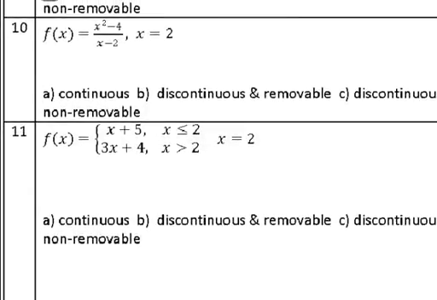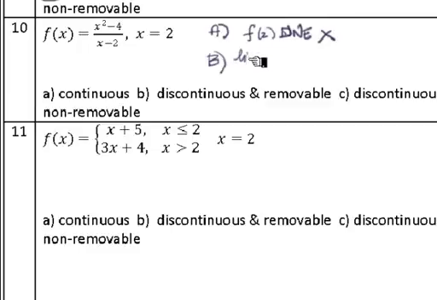Okay, let's look at number 10. All right. First of all, A is not true. F of 2 does not exist because of this x minus 2 in the denominator. So the function is discontinuous. But how about B? B actually is going to be true.